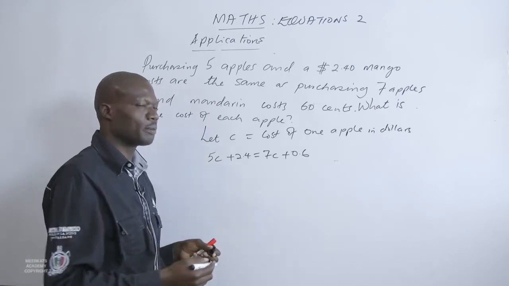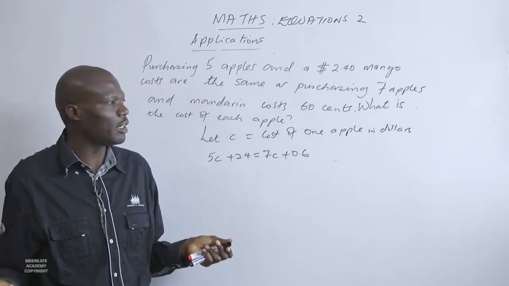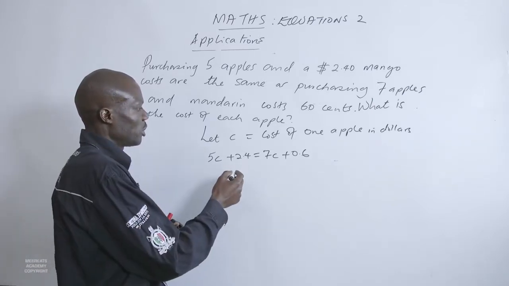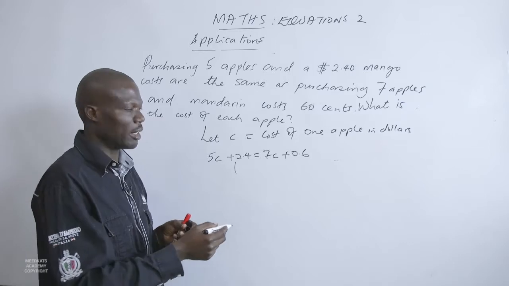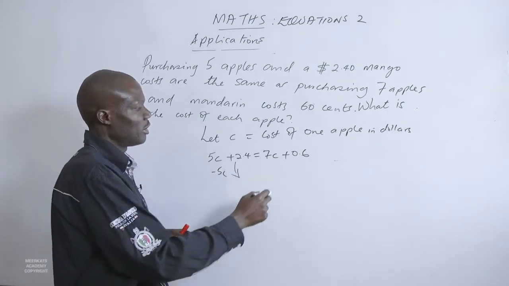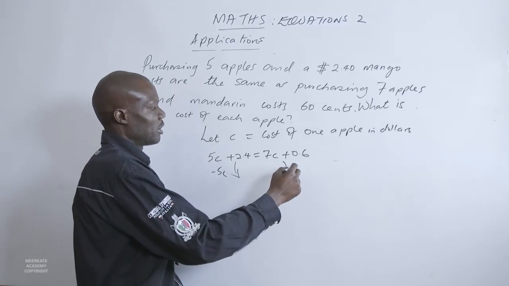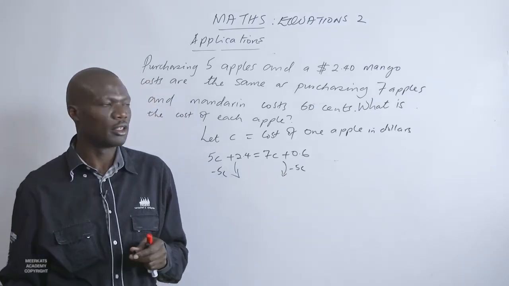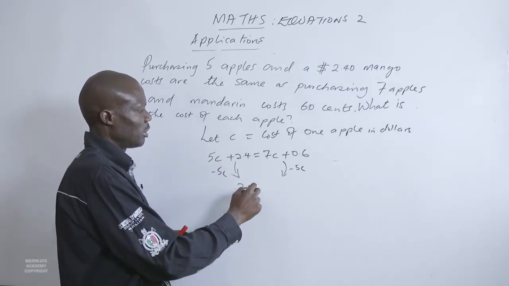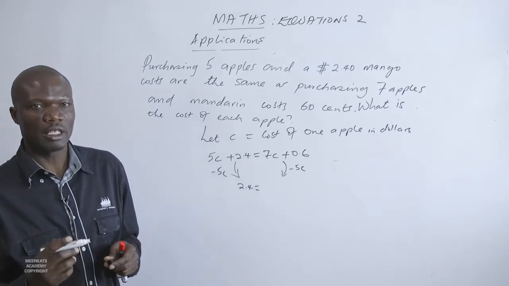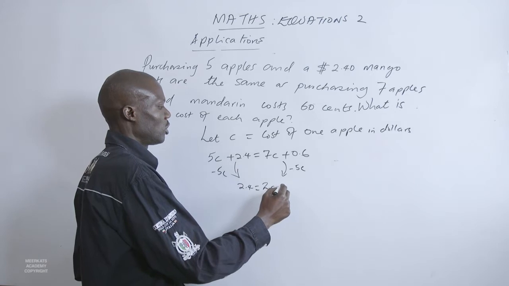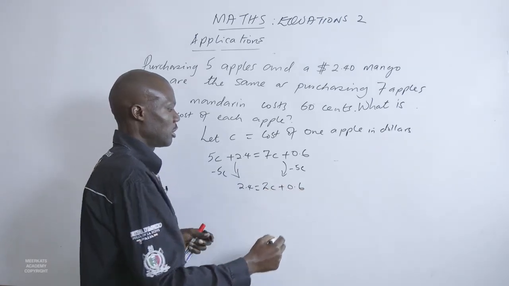So looking here, our interest is to find C, where C is the cost of one apple in dollars. So we can start by taking this side, subtract 5C, and this side, subtract 5C. When you do that, you'll remain here with 2.4 is equal to 7C minus 5C, which gives 2C, plus 0.6.